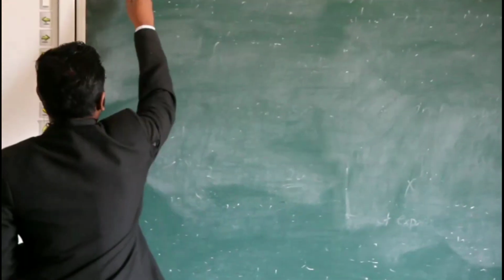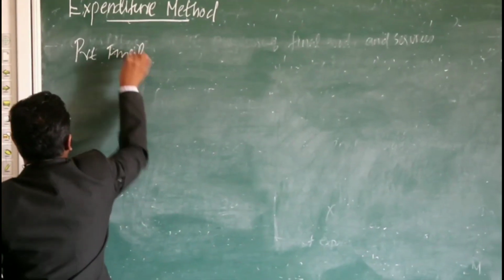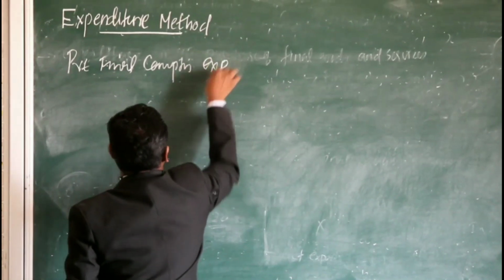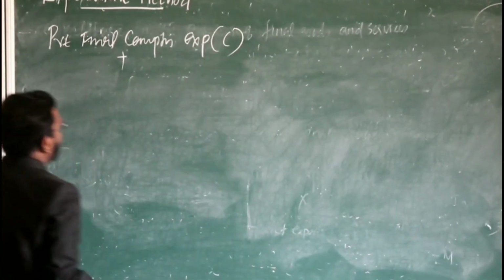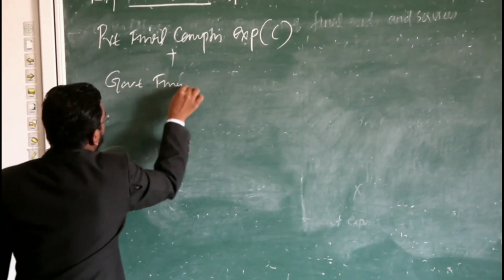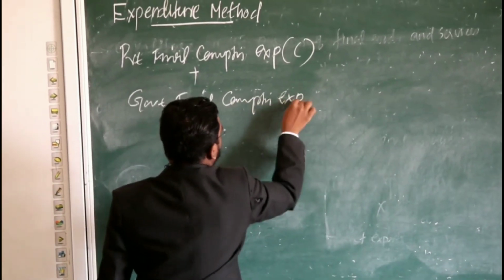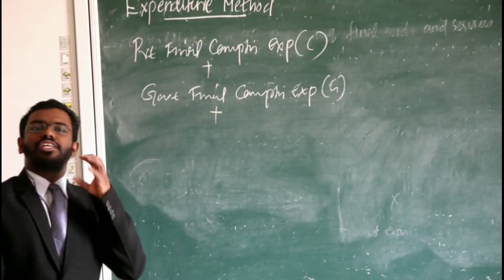So first we can calculate GDP MP, that is private final consumption expenditure, that is C, plus government final consumption expenditure, that is G, plus next one, fixed investment.